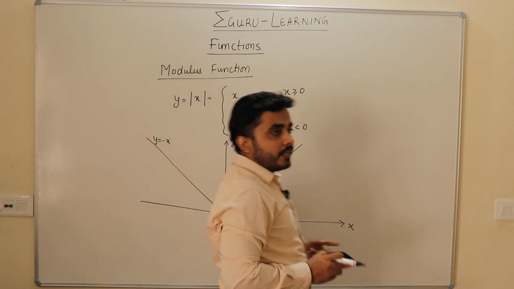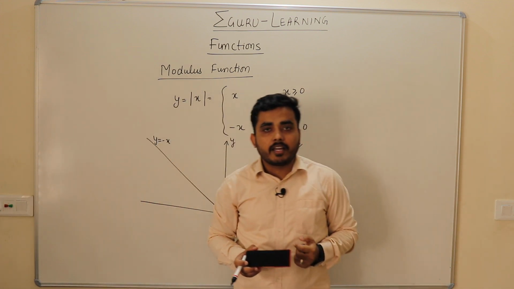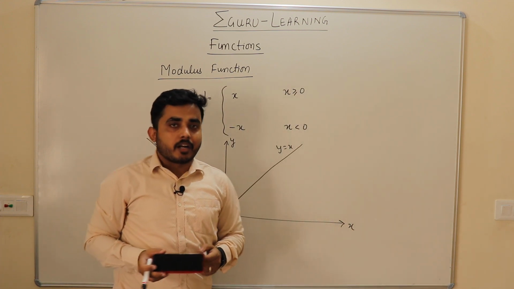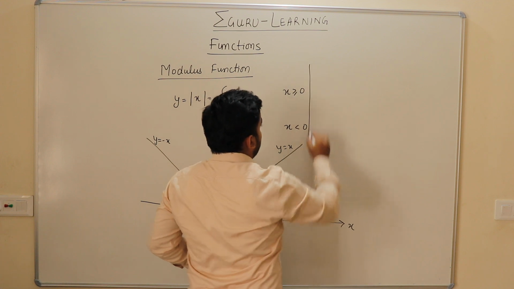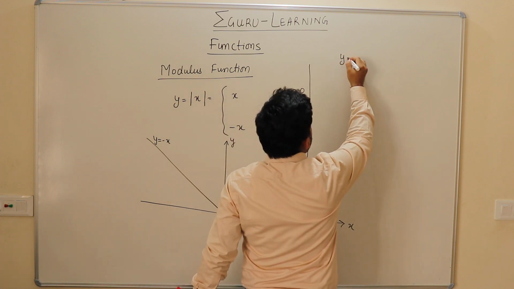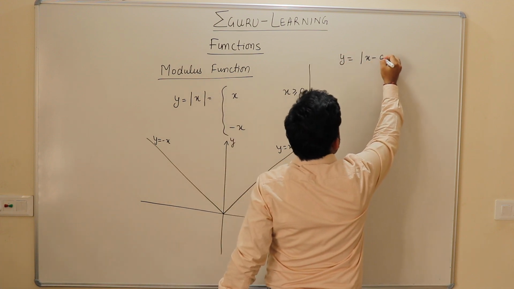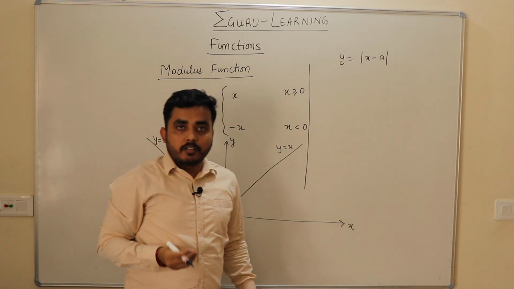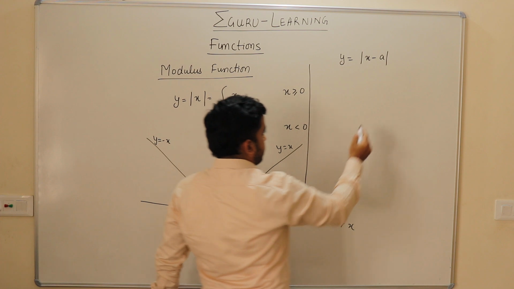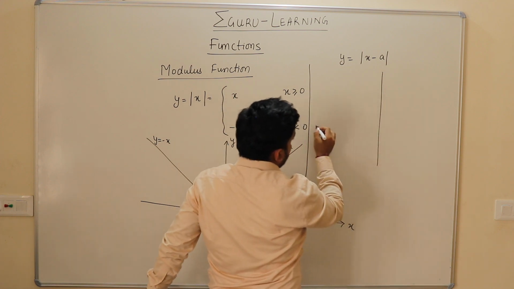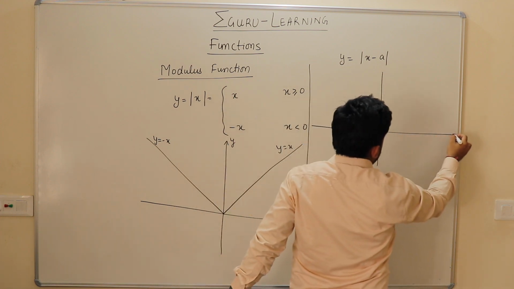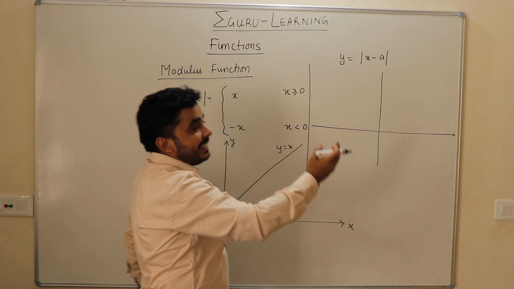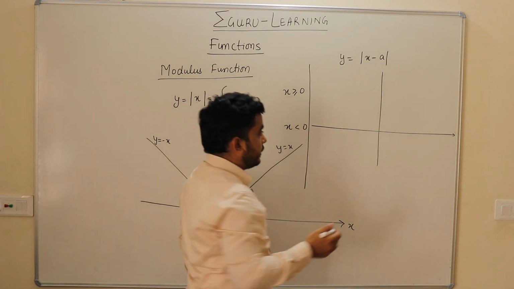Now let us talk about another function, let's say y equals mod of x minus 2. How to plot these types of graphs? Let us see one general function, y equals mod of x minus a, where a is any positive constant we are taking. To plot this graph, we can say that this graph will be shifted to the right-hand side by a units.